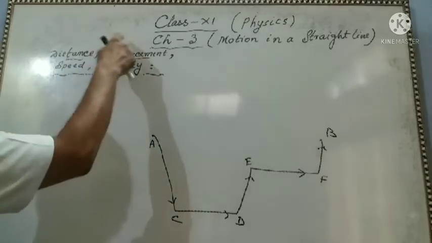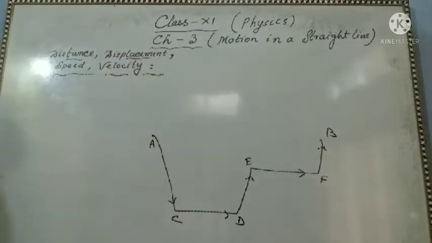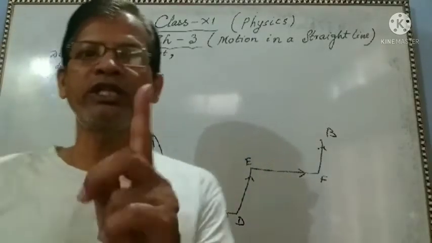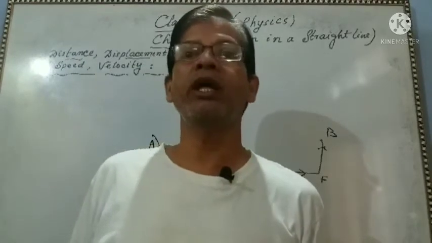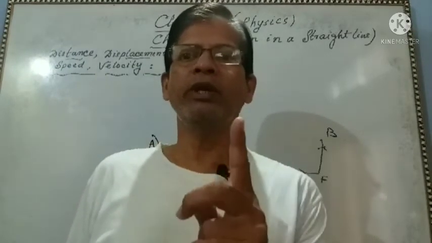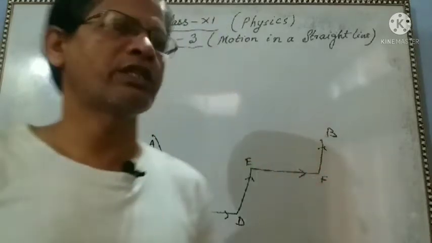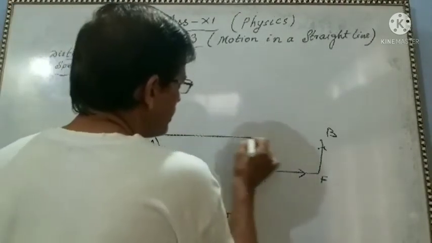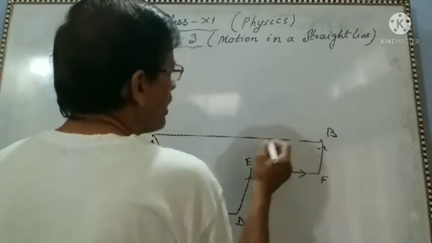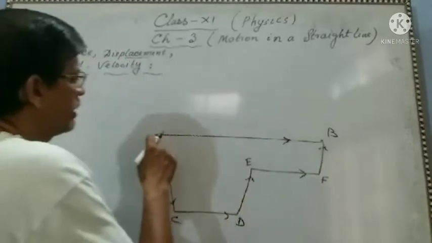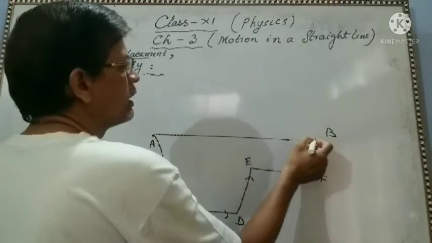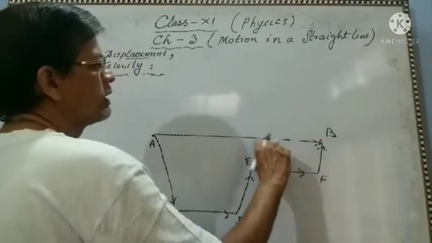So, distance. Now, displacement. Displacement is the shortest distance between the initial point and the final point. If we draw a straight line from this to this, and it is always directed from the initial point to the final point, then it is called the displacement.